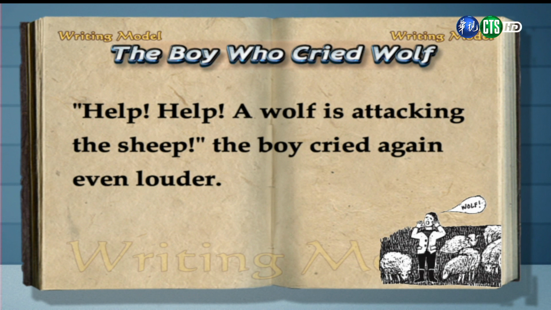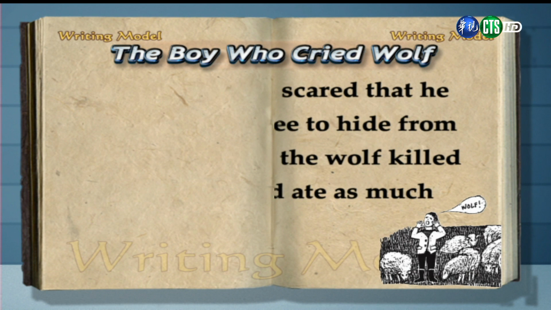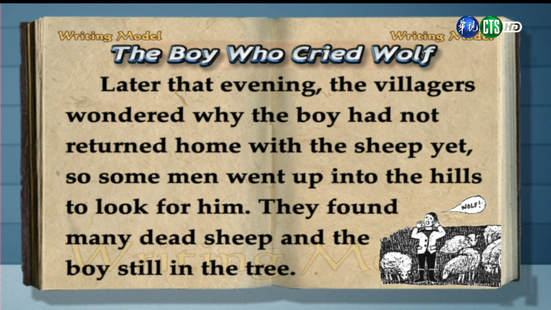The boy cried again, even louder. 救命啊！救命啊！有狼在攻击羊群啊！这个男孩叫得更大声了。 The boy was so scared that he climbed up a tree to hide from the wolf, while the wolf killed many sheep and ate as much as it wanted. 男孩为了躲避狼的攻击，赶紧爬上树去躲起来。这只狼因此可以尽情地捕捉并吃掉了许多的羊只。 Later that evening, the villagers wondered why the boy had not returned home with the sheep yet.